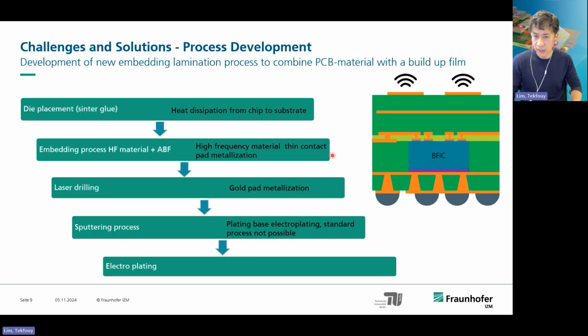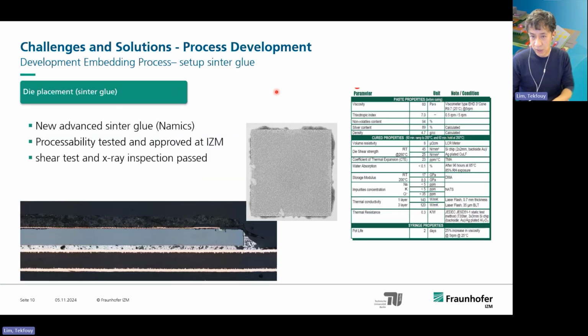So here I can show you the different steps. Like I mentioned, first we have the die placement, then the embedding process, laser drilling, sputtering process, and electroplating. First, for the die placement with the sinter glue, we used the sinter glue from Namix. I have the parameters here, but I will not go into the details.